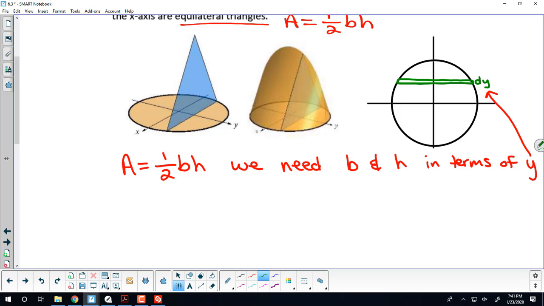So remember, this thing right here is the base of your equilateral triangle. So the length from here to here, or the length from here to here, is the length of the equilateral triangles.